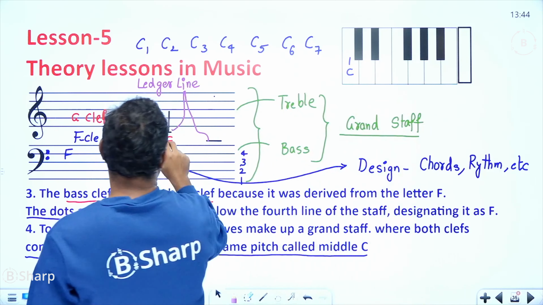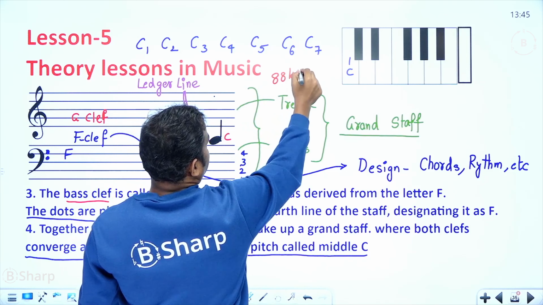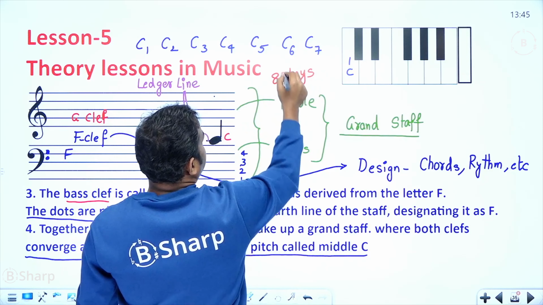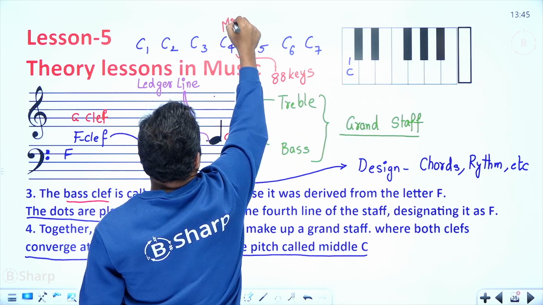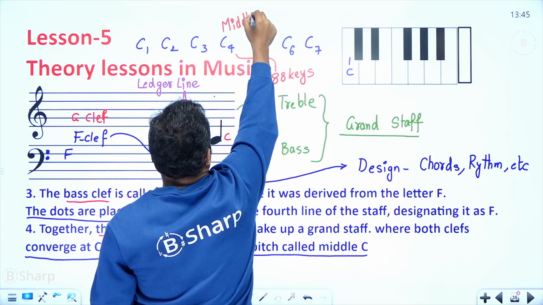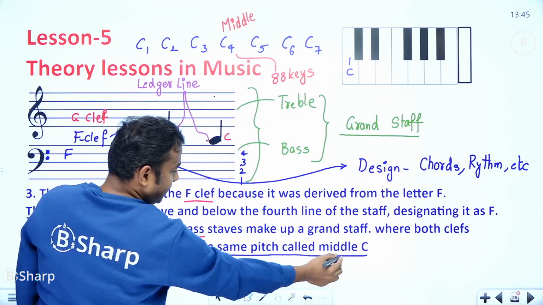So this C is the same C for this one. If I take a grand piano, or some big piano which contains 88 keys, in this 88 keys, C4 is the middle C. So that middle C is here.